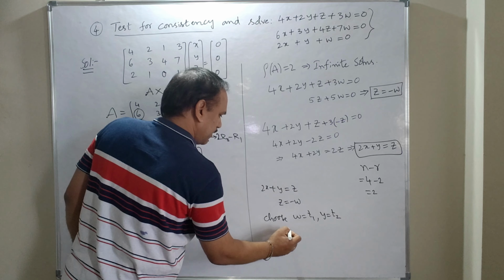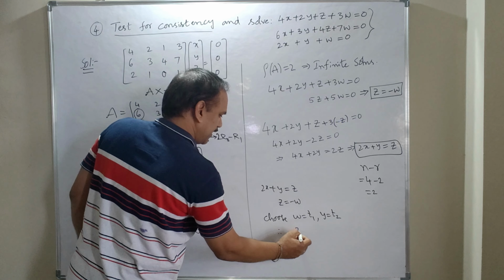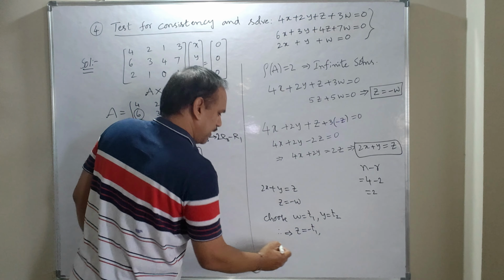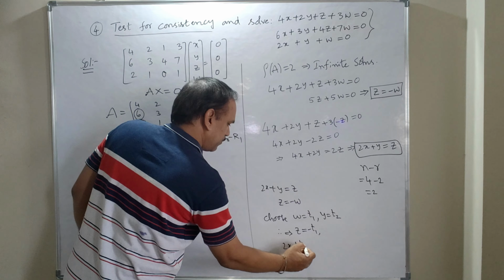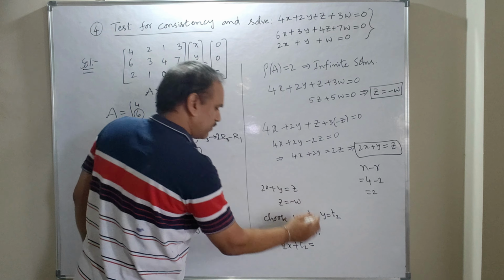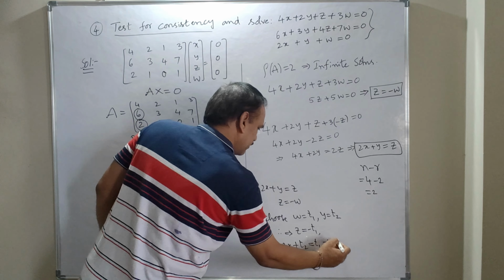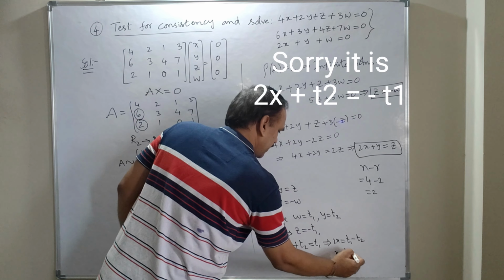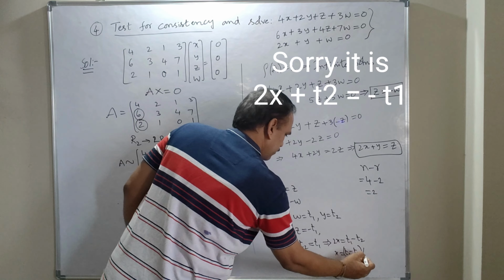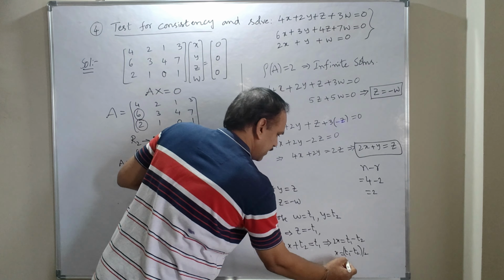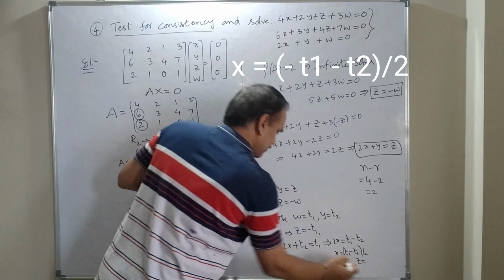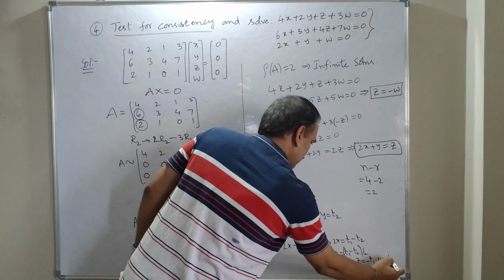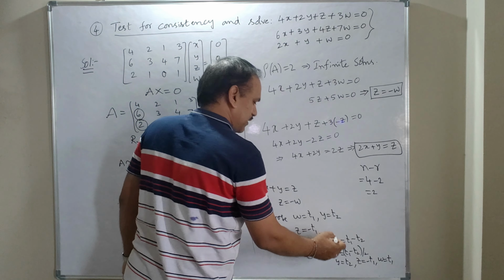Because w is t1, z becomes minus t1, and 2x plus t2 equal to t1 implies 2x equal to t1 minus t2. So x equal to (t1 minus t2) by 2, y equal to t2, z equal to minus t1, and w equal to t1.